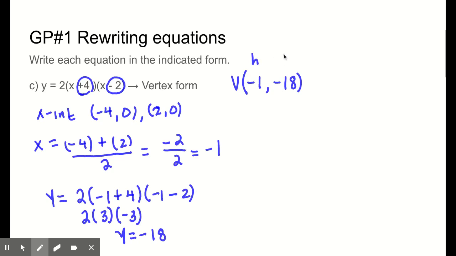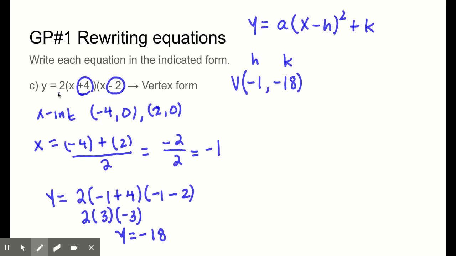So if we're rewriting this in vertex form, our vertex, our h and k, are at negative 1 and negative 18. Now remember, vertex form is y equals a times x minus h squared plus k. So we plug in for h and k, but we also have to plug in for a.